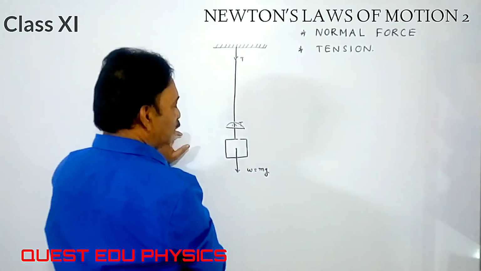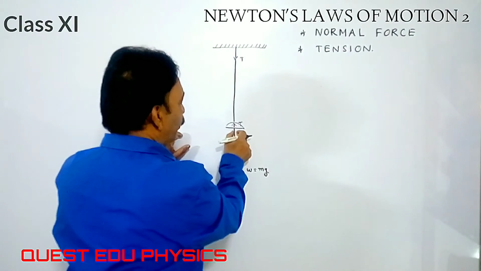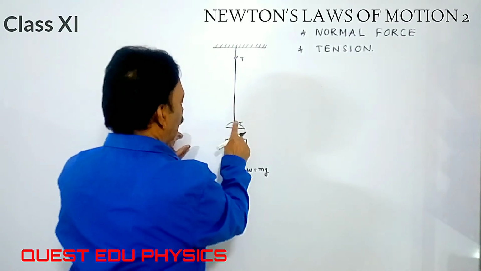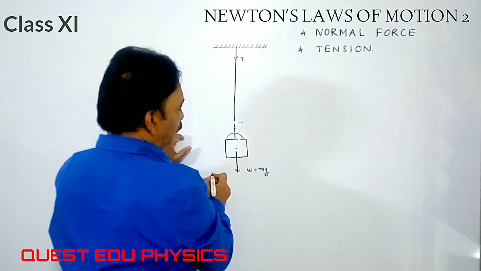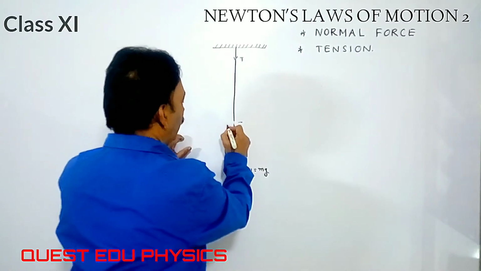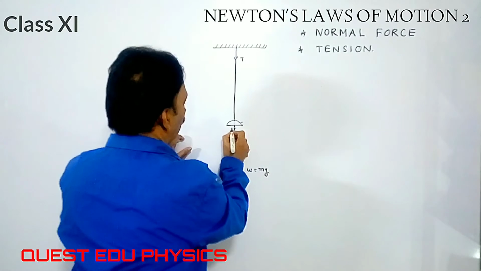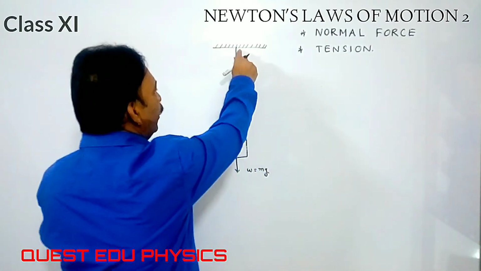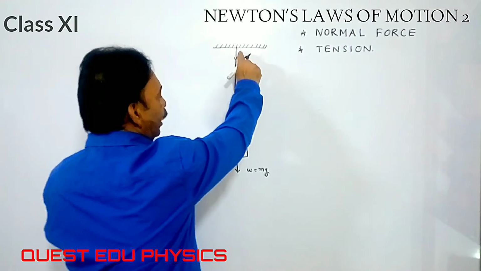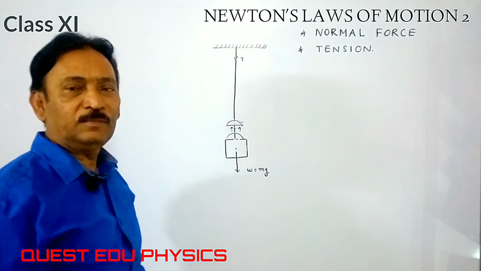We are finding the tension. If you open it up, immediately it will move upward. This is the direction of the tension. The same thing will happen here. If you hold this, it will move in this way.